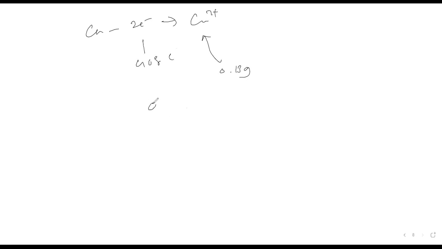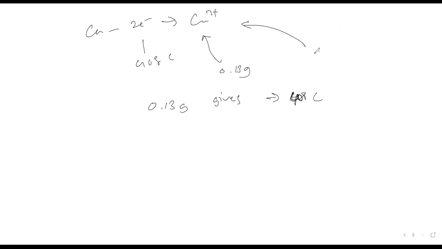Now we can say 0.13 gram gives rise to 408 coulomb, isn't it? That much coulomb is being used up due to the loss of 0.13 gram. Now, 1 mole of copper's mass is what? We often get confused. Where will we find 1 mole of copper?